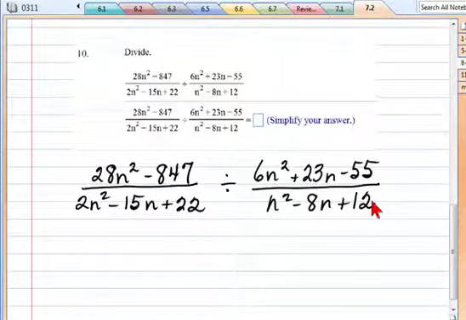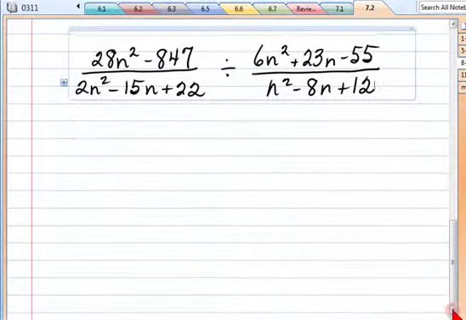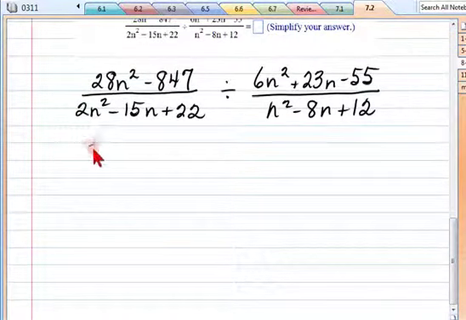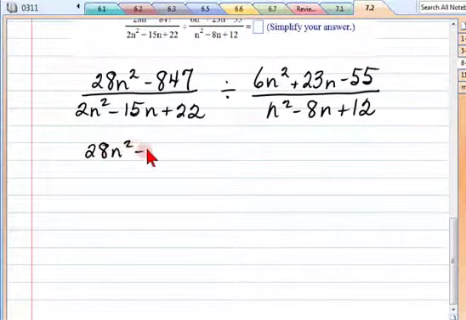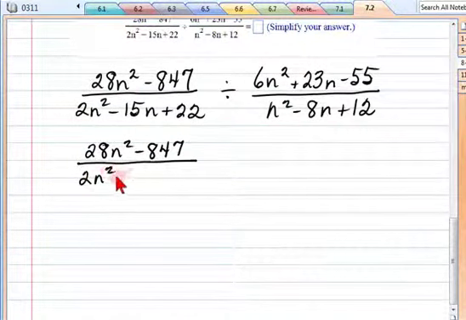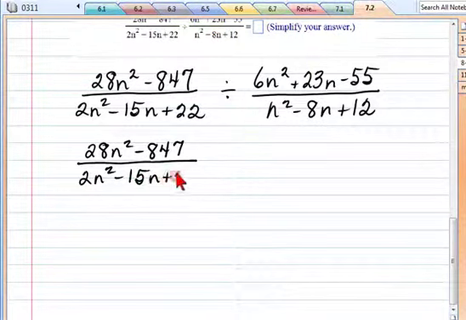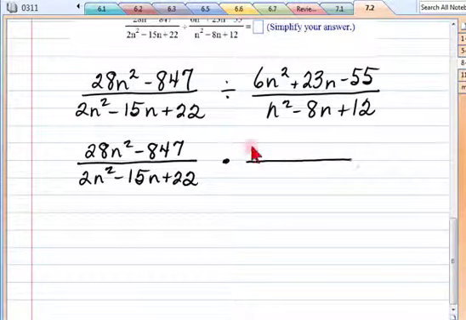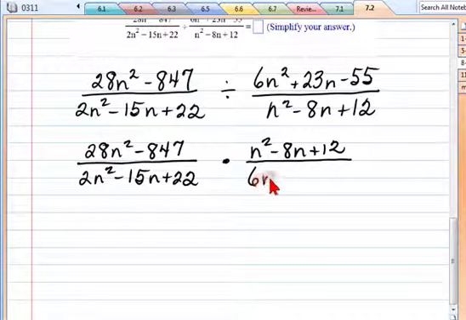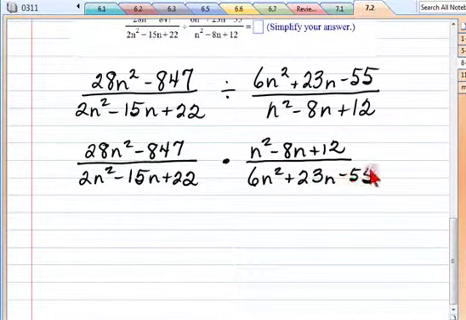Now that's the original problem, but it's division. So we all have the joy of rewriting it as a multiplication problem. It is 28n squared minus 847 over 2n squared minus 15n plus 22 times, flip the second one, n squared minus 8n plus 12 over 6n squared plus 23n minus 55.